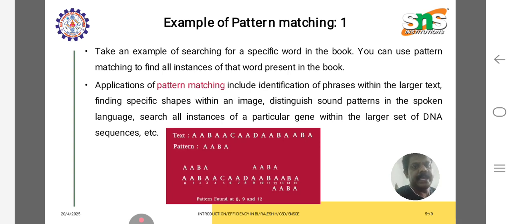For example, it is given in the text: a series of characters A, B, C, D, and the pattern to be identified is AABA. The pattern is found at index 0, index 9, and index 12.